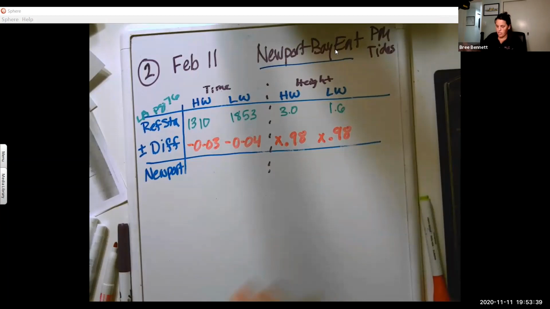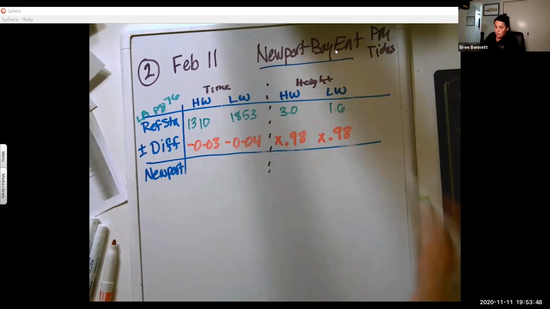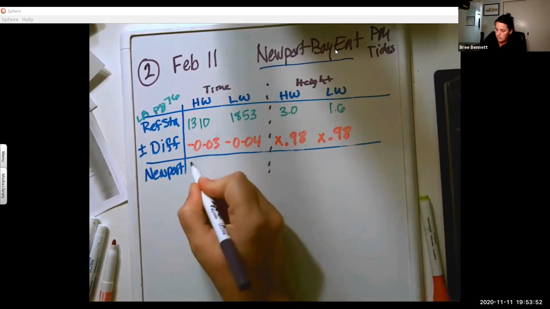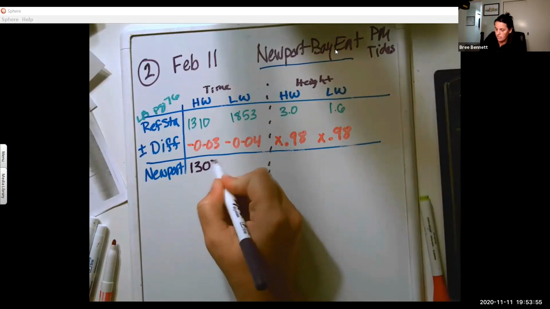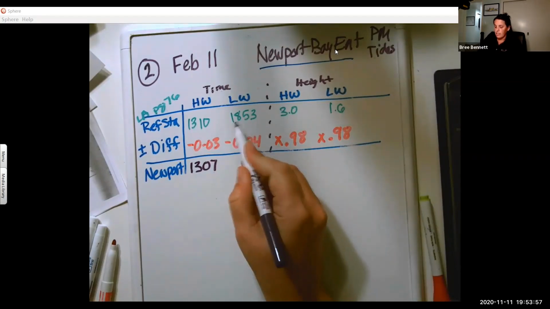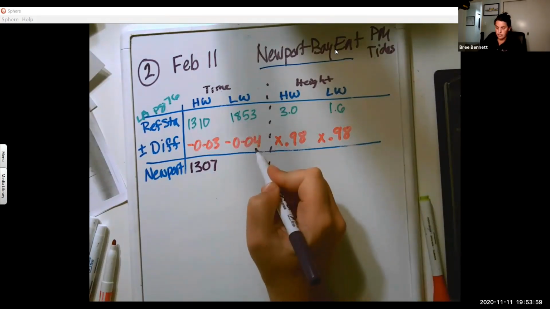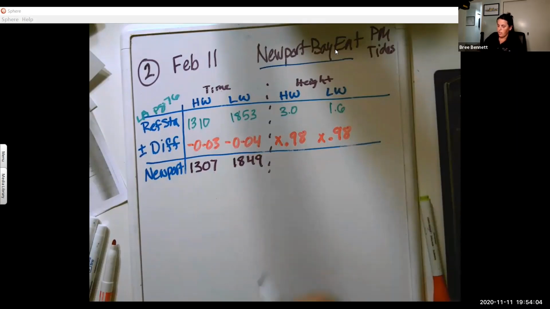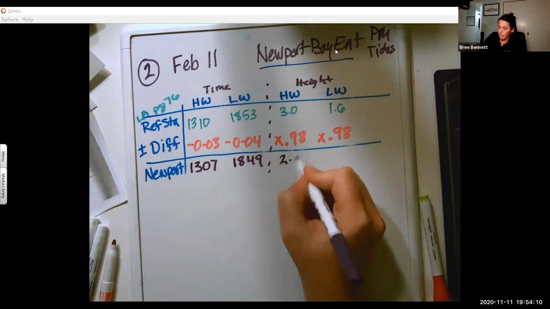Okay. So now I apply those differences. So I just go down for each one. So 1310 minus 3 minutes gives me 1307. 1853 minus 4 minutes gives me 1849. 3 times 0.98 gives me 2.94.